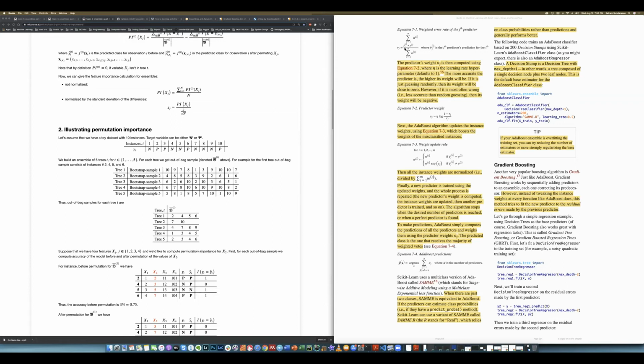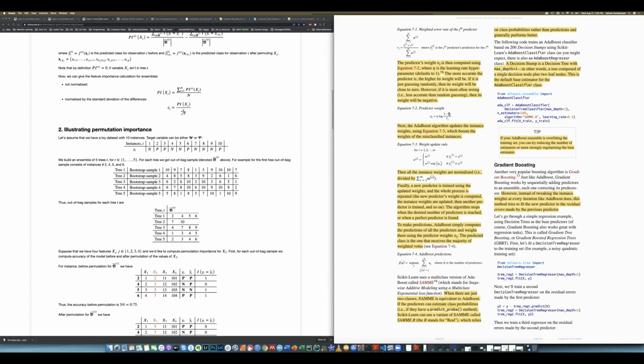So the predictor weight, that's the next equation, is this parameter eta times the log of (1 minus r_j) divided by r_j. If my predictor made a perfect estimation, I'd have r_j being 0, because the numerator of the term would be 0, meaning that the logarithm would be an enormous number.